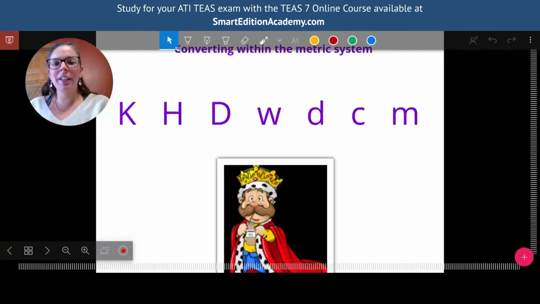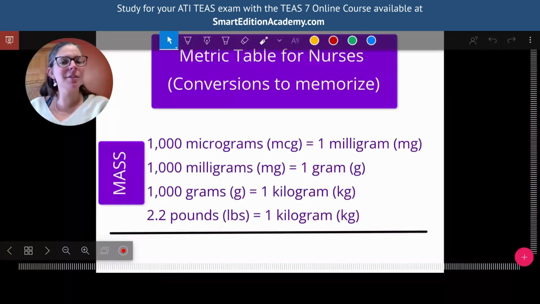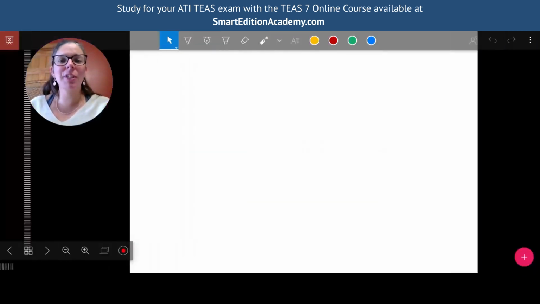And then let's talk specifically about converting within the metric system first. Many of you may have, from a table like this or other resources, all of the different conversions you need to know.